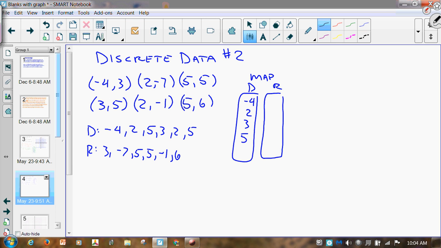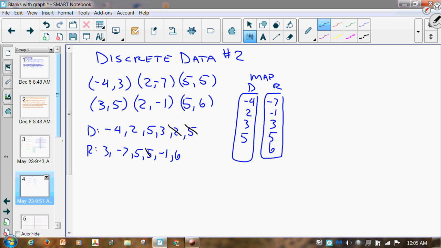So in this case, since we've already listed 2, we don't need to list it again, and we don't need to list the 5 again, okay? Same thing for range. Now we have -7, and we have -1, and we have 3, and then we have 5, and then we have another 5, but we don't have to list that because we already have it, and 6. Okay? So in this case, we don't list the 5 twice, we only list it once, and now this is the domain and range map.